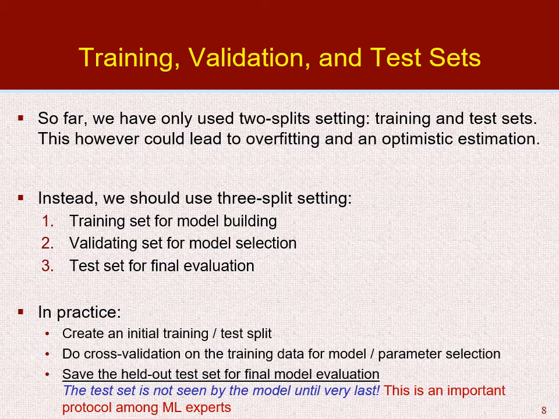Then we save the held-out test data, which is not going to be seen by our model at all until the very last step, which is evaluating the performance of the model on that set of data. That gives us a better, more practical estimation of the performance of the model, because that set of data is held out and never seen by the model, so it could not influence the performance of the model.